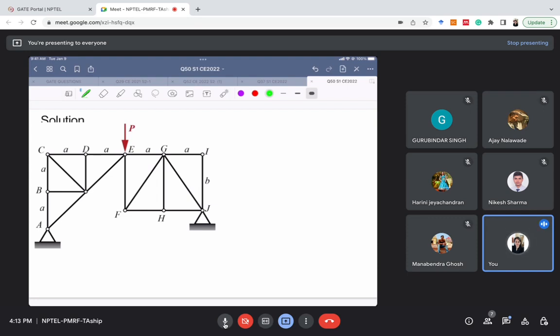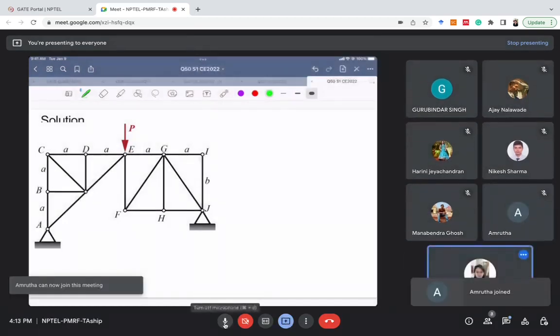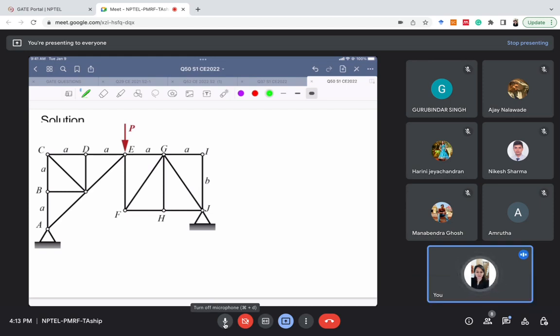In this problem, let us use the same concept of zero force member and try to solve it. For zero force member, the first step is we need to choose a joint. The second step is we need to set up a coordinate system. The third step is we need to name the forces, and then we will see in which direction there is only one force.